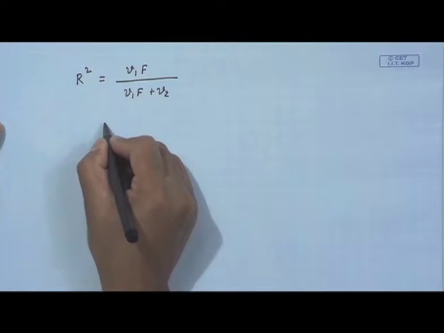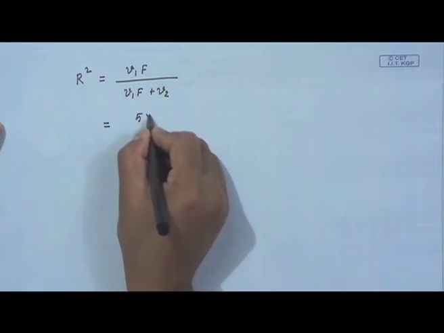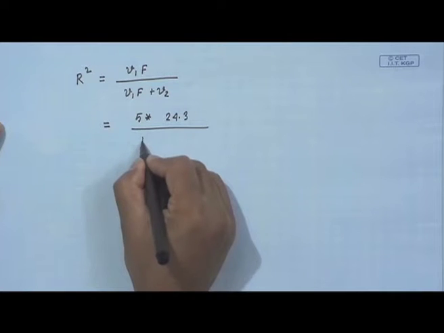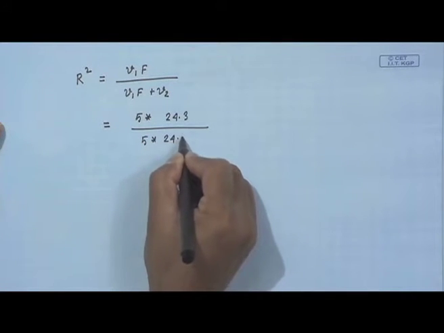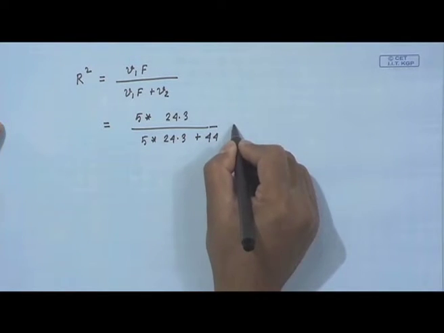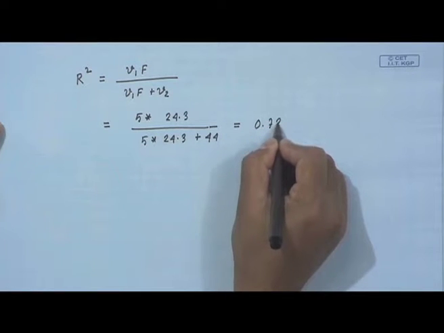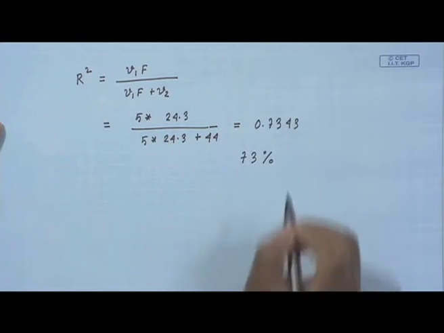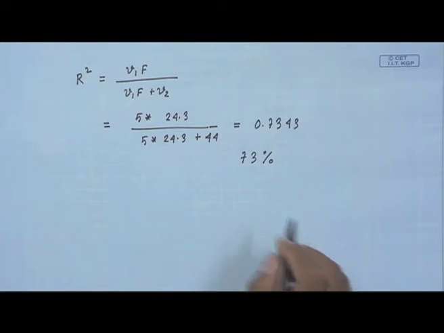So, here your V 1 is 5 and f is 24.3. So, 5 into 24.3 plus V 2, that is the residual degree of freedom, that is 44. So, here 0.7343, that means 73% of the total variability in the response variable has been explained by the fitted model, which is quite good.